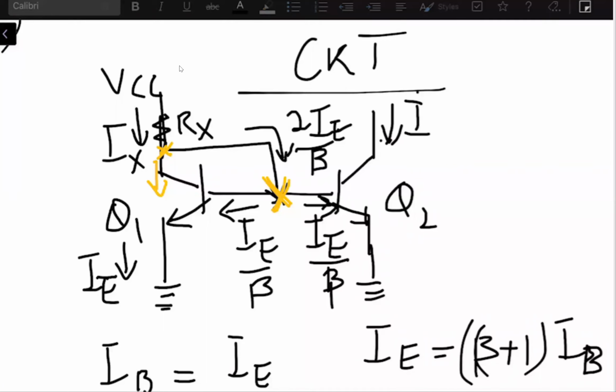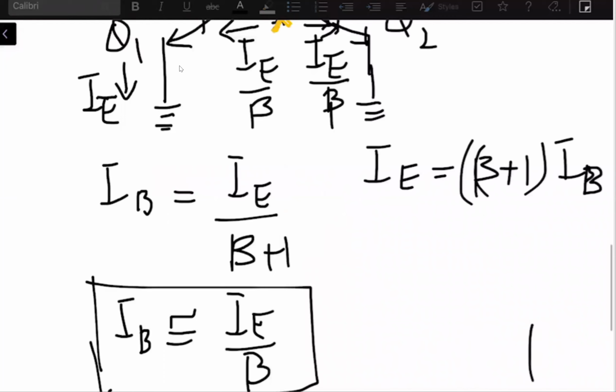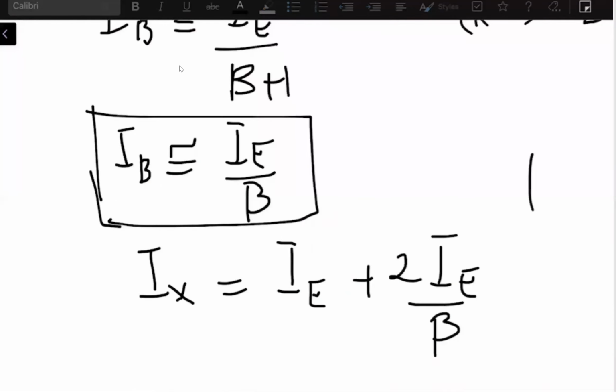For that, we have this combination of circuit connected in such a fashion. Starting from the current flowing in the base of transistor Q1, from this equation we have figured out that IB is approximately equal to IE by beta, right? Is this thing clear?